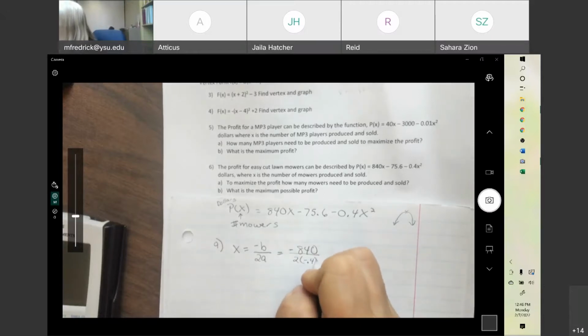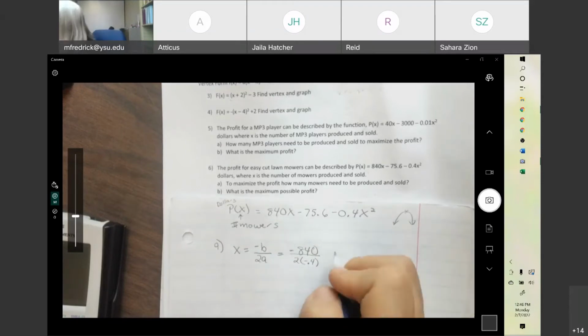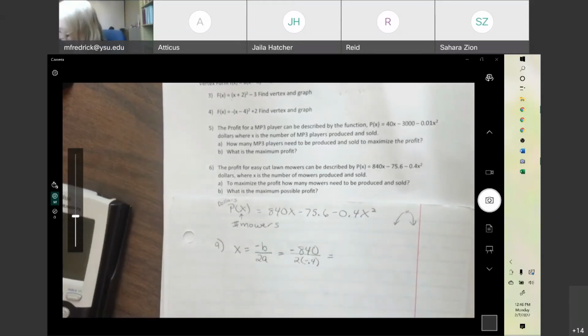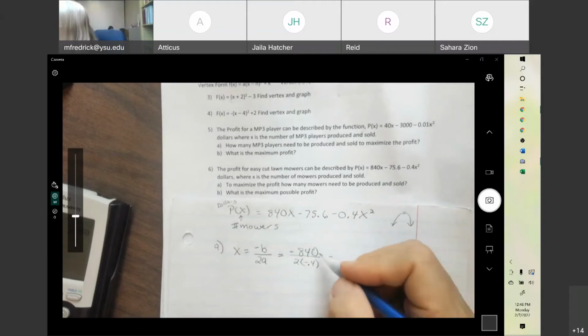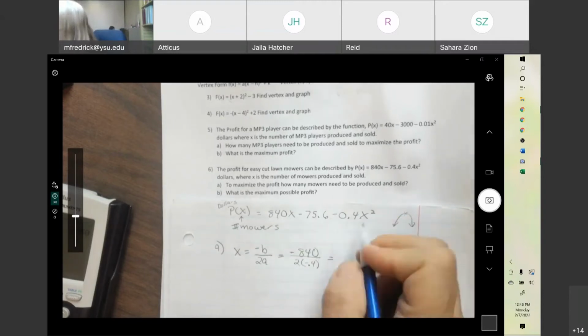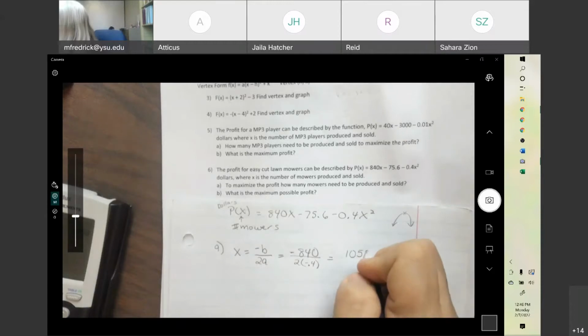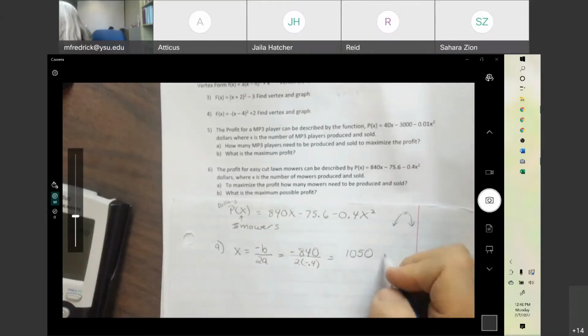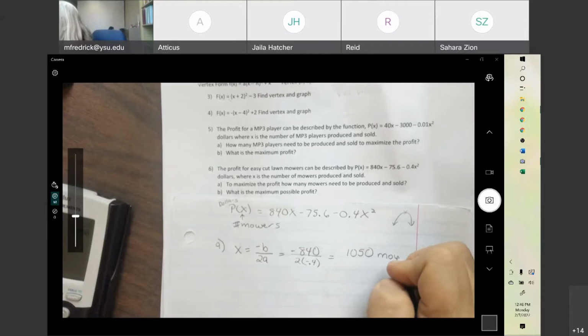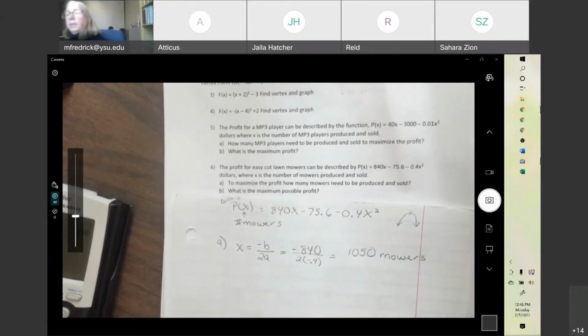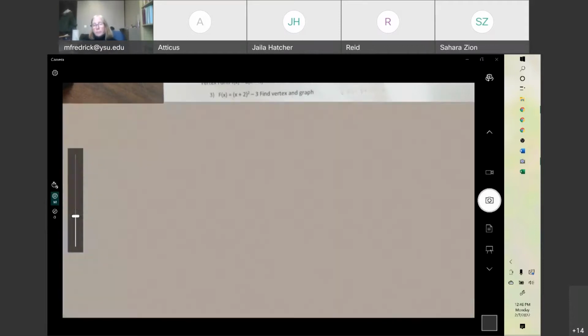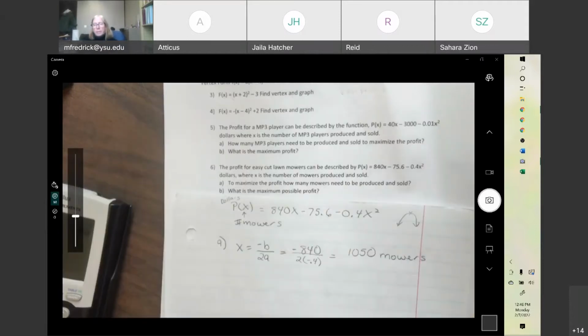They're not always in order. 840 divided by 0.8 is 1050. So 1,050 mowers need to be produced and sold to get a maximum profit. Is everyone getting 1,050? Yes.